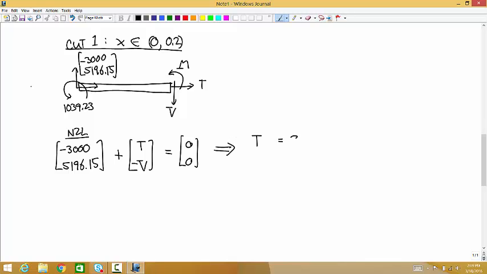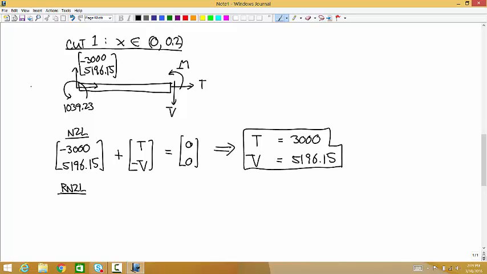So T is equal to positive 3,000, and V is equal to positive 5196.15. And then the moment equation calculated about that left endpoint.